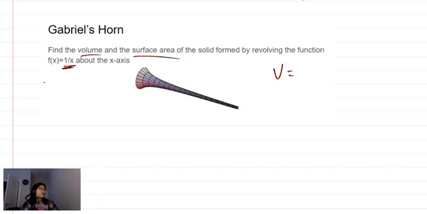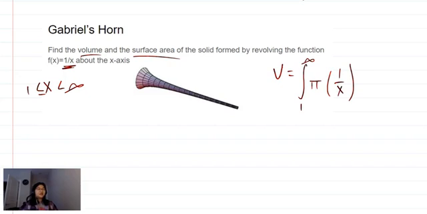Let's look at where we have our x from 1 to infinity. Okay, so let's just start at 1 and go to infinity. Then we're going to have our integral, where our bounds are 1 to infinity, of pi r squared, where r is 1 over x, so 1 over x squared dx, right? So that's this part.